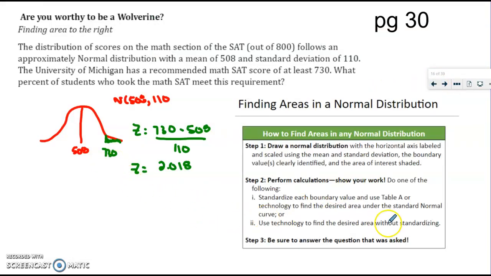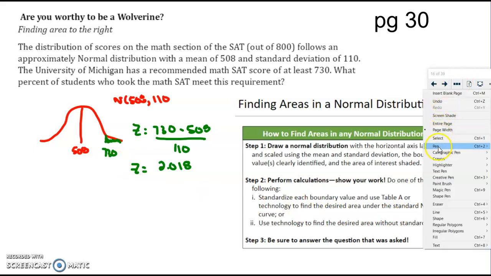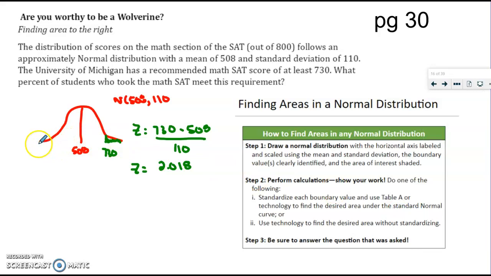So what that's saying is, if I look to the left of this, if I were to ask you what the area of this part of the curve is, that is 0.9783. But in this case, because we're trying to find values that are at least 730, that means we're looking at 730 or higher.